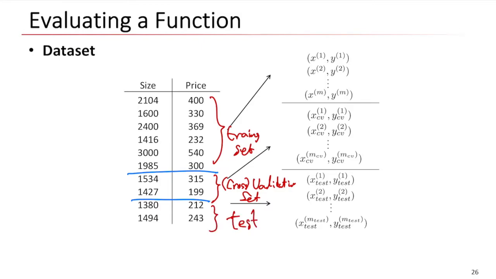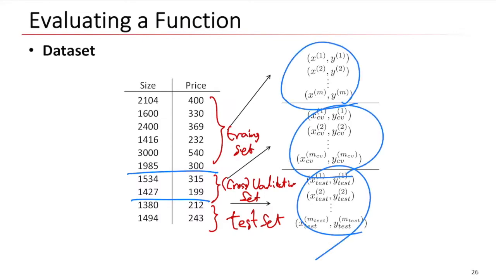Let's say we pick 60% of the samples as the training set, 20% as a validation set, and 20% as a test set.